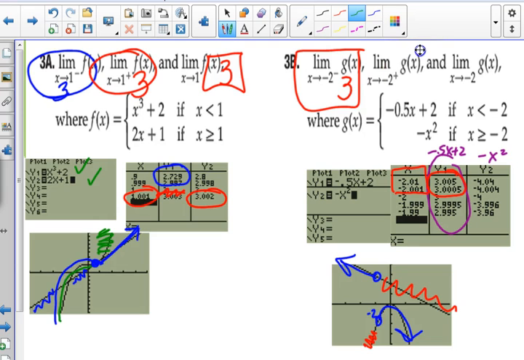All right. But to the right of negative 2, it's supposed to be using this equation, which is in y2. What's just to the right of negative 2? Negative 1.99, all that good stuff. So what's it getting closer and closer to?